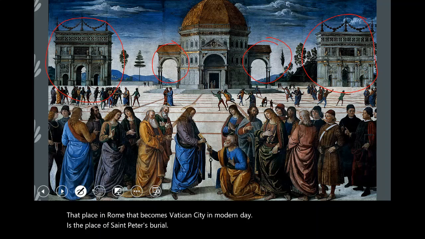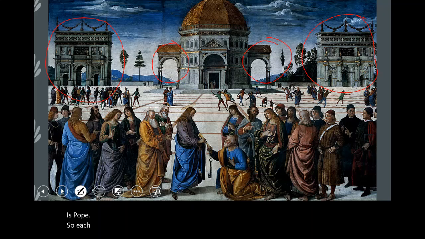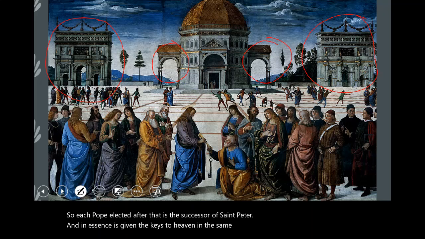So we have, again, many layers of foundation here. That the man, Peter, becomes first Bishop of Rome, and the Bishop of Rome is Pope. So each Pope elected after that is the successor of St. Peter, and in essence is given the keys to heaven in the same way we see depicted here.